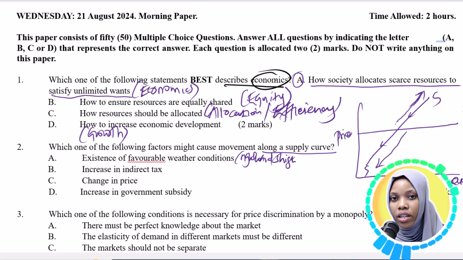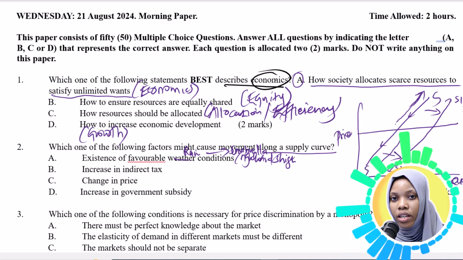For example, if there is rain, the supply of umbrellas is going to increase and shift to the right. So it causes a shift.